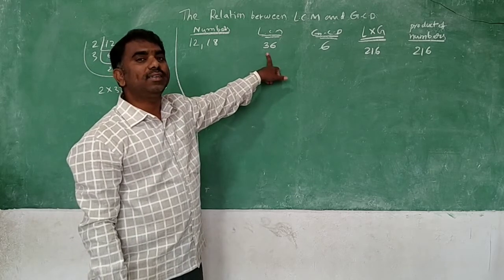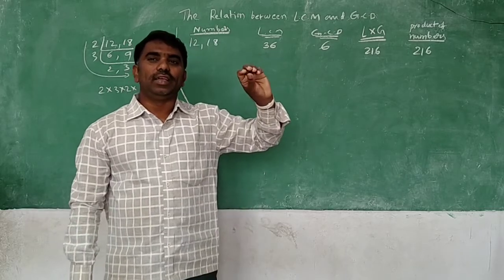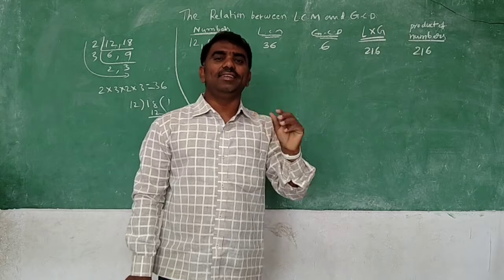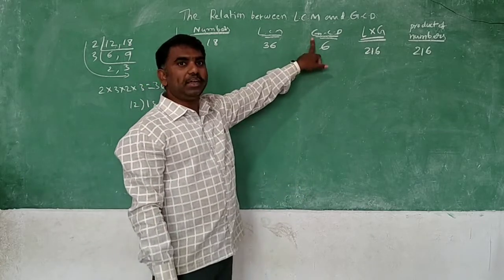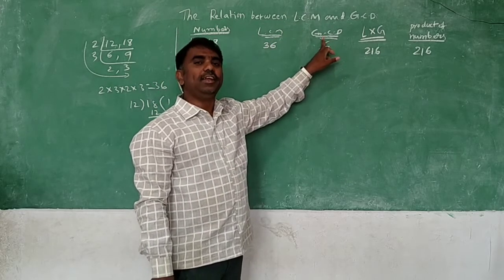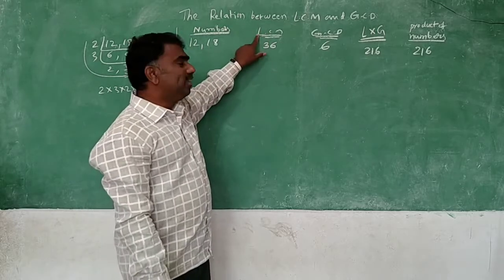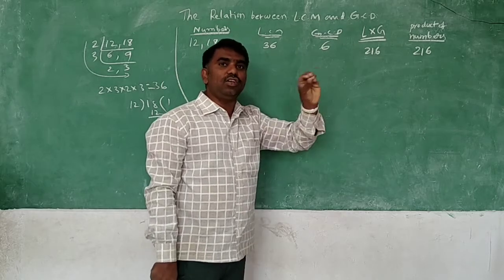LCM will get the big answer, GCD will get the small answer. Maybe you think, sir, it is greatest and it is least. But when you observe the answers, LCM is the bigger answer, GCD is the smaller answer.